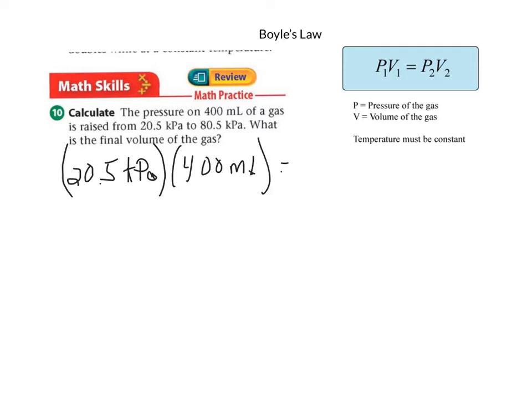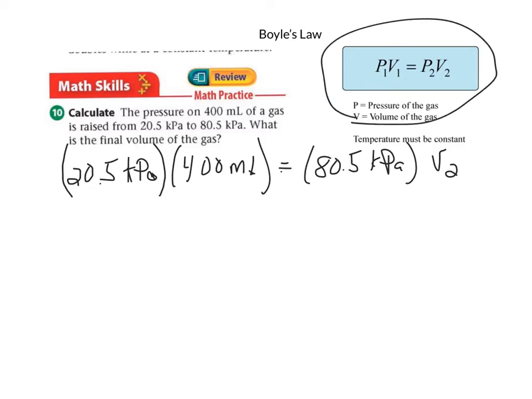And then after, the pressure in the problem is being increased to 80.5, so my after pressure is going to be 80.5 kilopascals. And my after volume is my unknown. So that's pretty straightforward. We can just plug the numbers in using this formula, right?